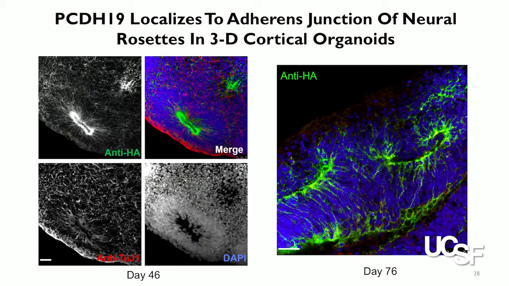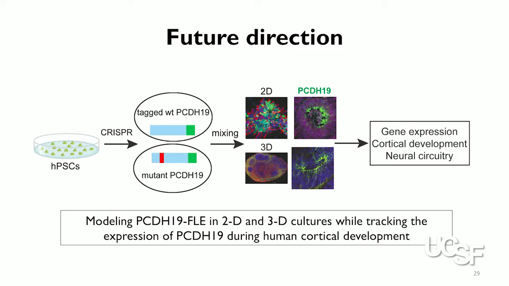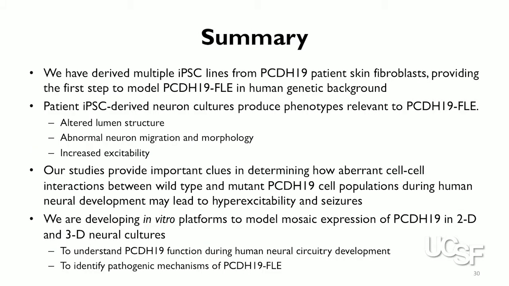This is very new and unique. As I said, our future direction is to knock out PCDH19 in this tagged line and then mix these two cell types together, so we can monitor the PCDH19 expression while also generating this mosaic expression of PCDH19, and directly pinpoint where PCDH19 is and whether PCDH19 is causing this phenotype directly. And with that, I think I already summarized the whole talk previously.